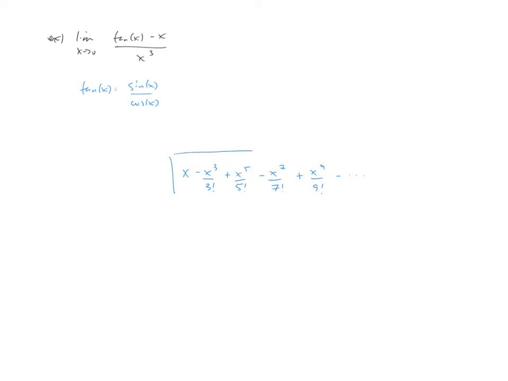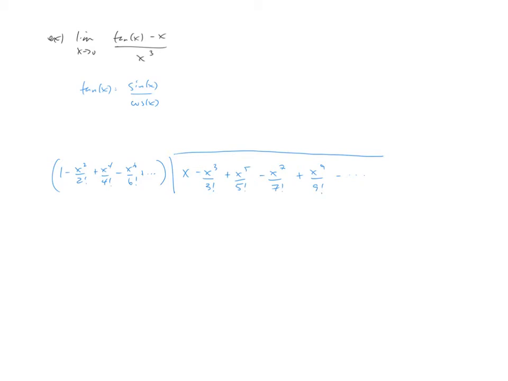And I'm dividing it by the cosine, which would have been 1 minus x squared over 2 factorial plus x to the 4th over 4 factorial minus x to the 6th over 6 factorial plus, however far out you wanted to go. The process is always the same. What times 1 is going to give you the x?